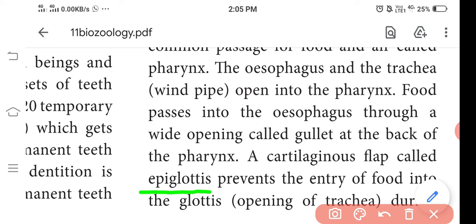During that process you will not breathe because the epiglottis, a flap-like structure, closes the trachea. Once the trachea is closed, you will automatically not breathe. Do you follow? So the flap-like structure that closes the trachea once you swallow something is called the epiglottis.